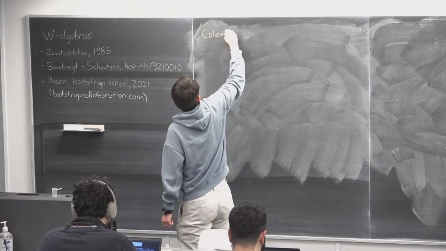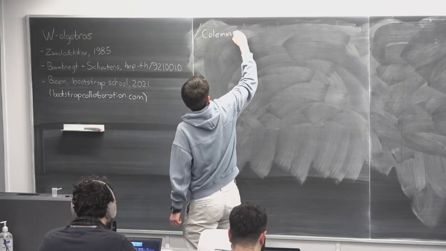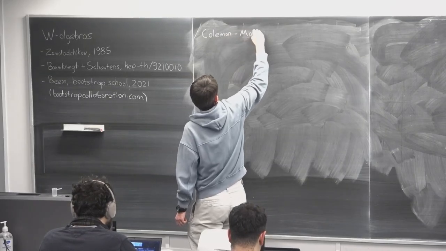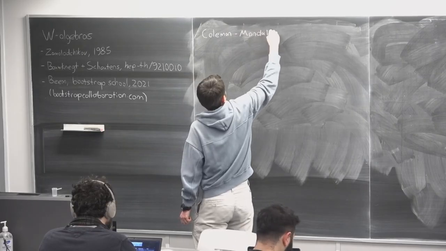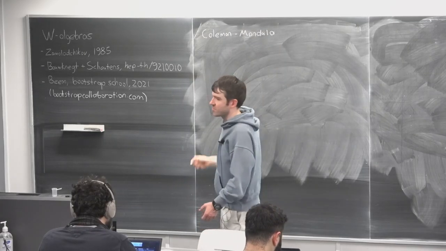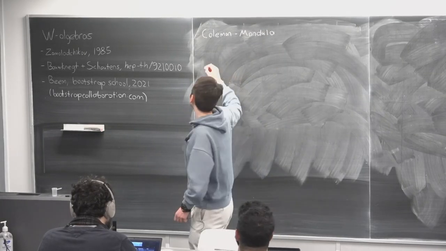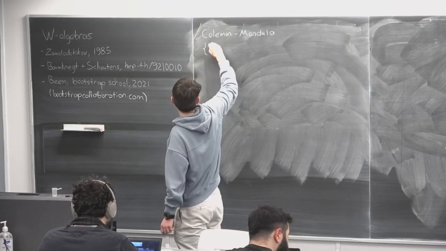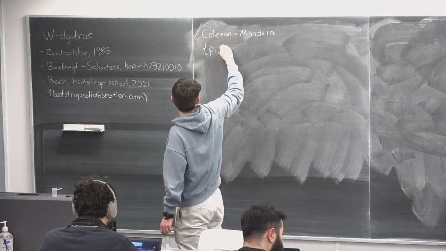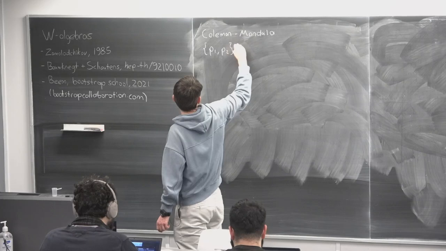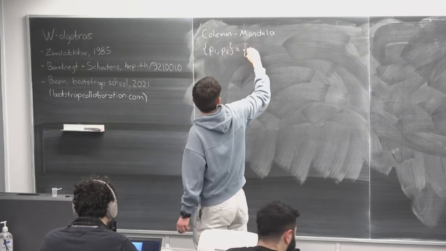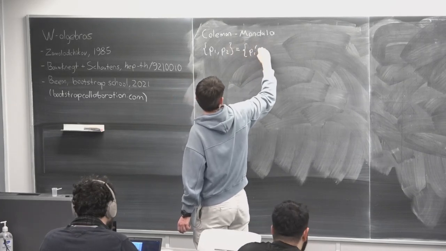So there's a result by Coleman and Mandula from the 60s, I believe, showing that space-time symmetry beyond Poincaré will force the initial momenta in 2 to 2 scattering to be equal to the set of final momenta.